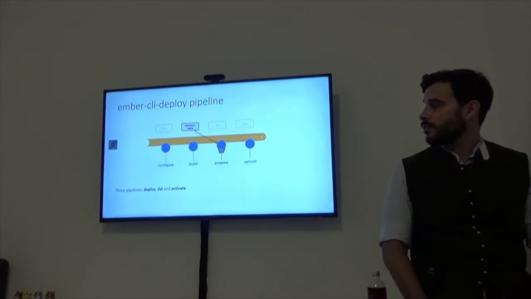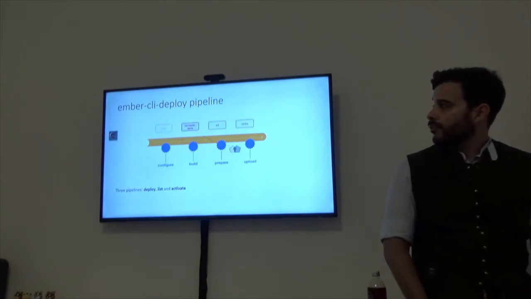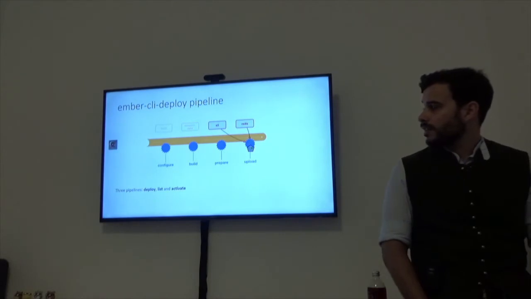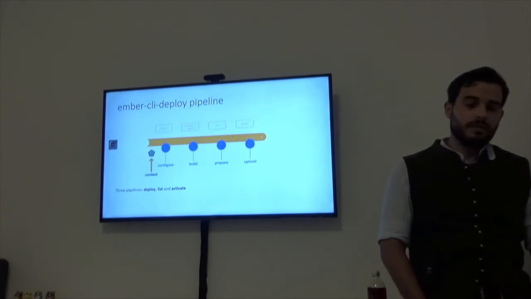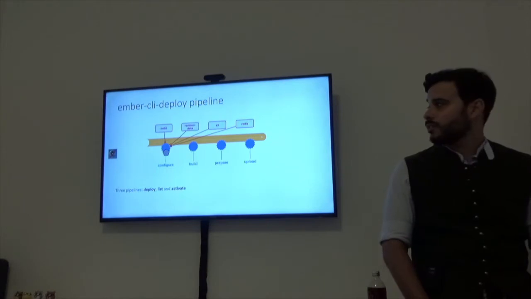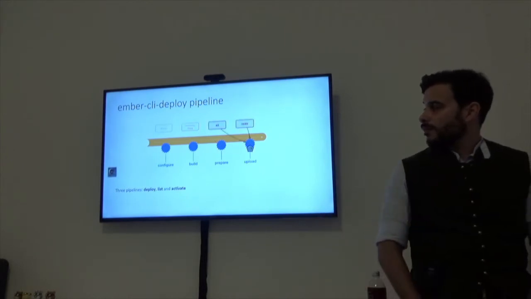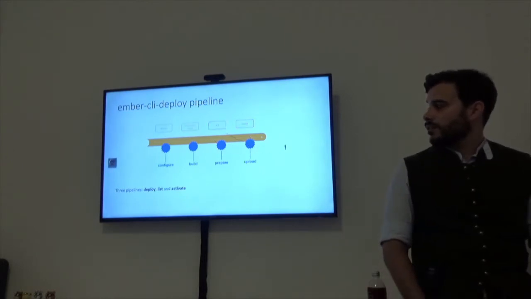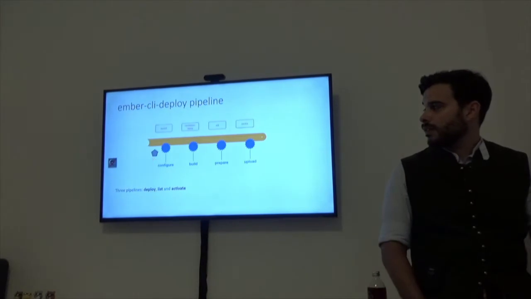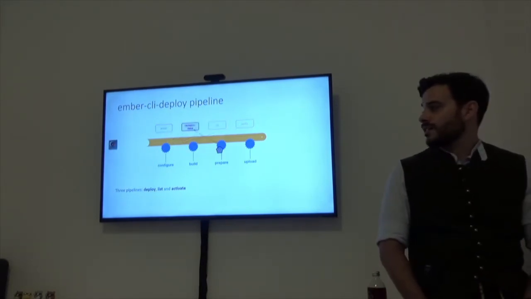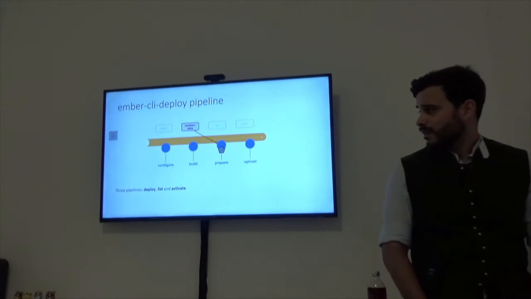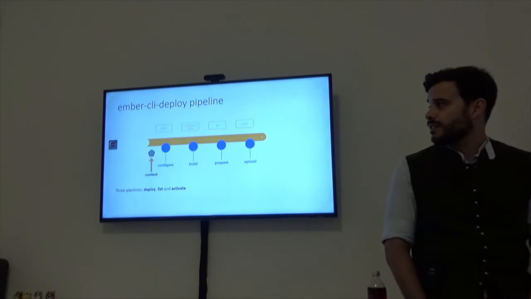You can see that in the slide that I put up. We have 4 deployment plugins installed in that example: the build plugin, the revision data plugin, the S3 and the Redis plugin, and the yellow bar in the middle of the animation shows the pipeline. When you execute the deploy pipeline, the pipeline hooks will be executed in sequence.